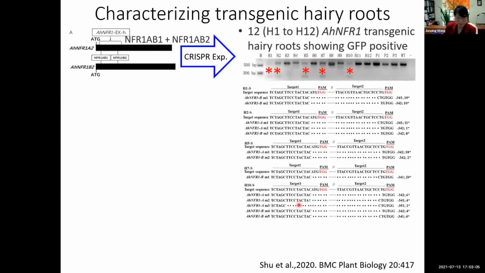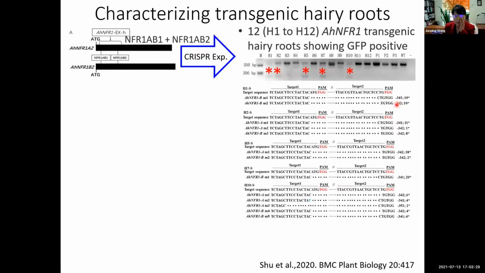And here are some of the results of those small fragments, and we found that they all have a big junction between target 1, which is here, and target 2, up to here. So all of the region between them has been deleted or cut out.